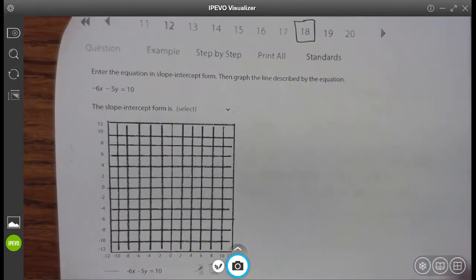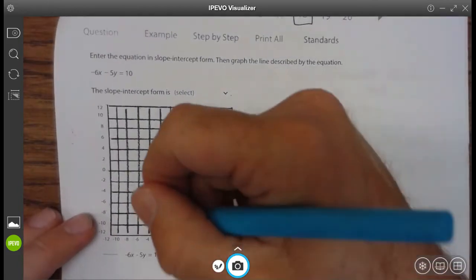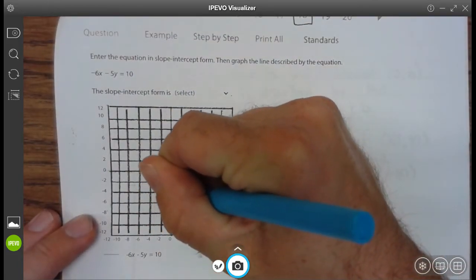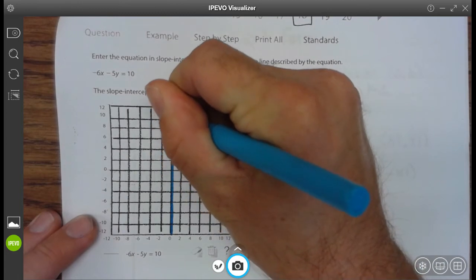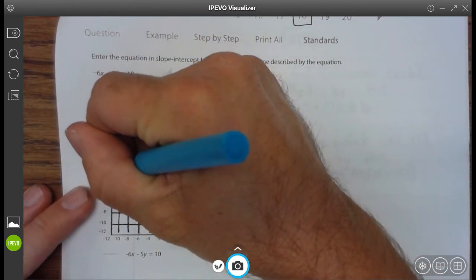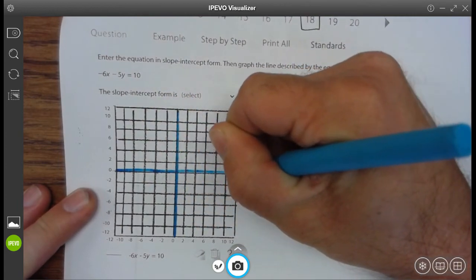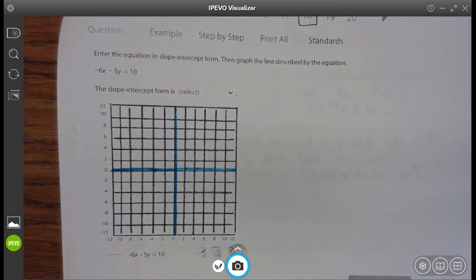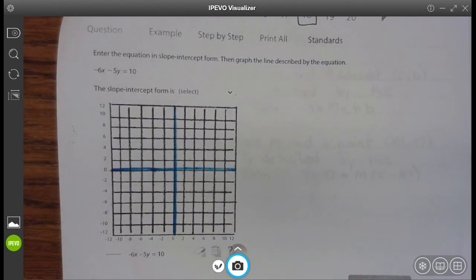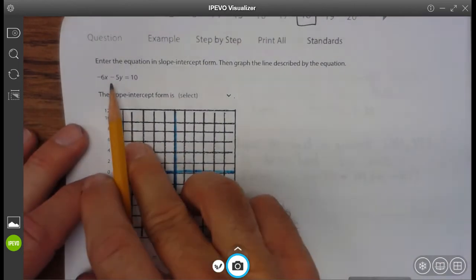All right, example 18. And I'm going to highlight the x and y axis so you can see those. Again, we can't graph this until we solve for y.